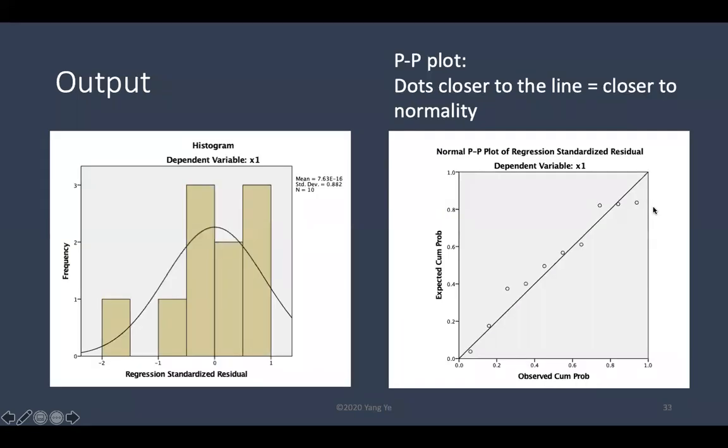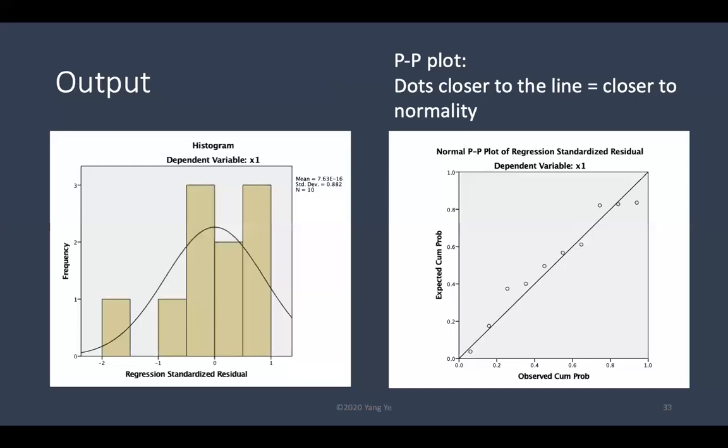And here are the two plots. The histogram itself is just a histogram of the standardized residuals. In our case, we only have how many? We have 10 observations or fewer.